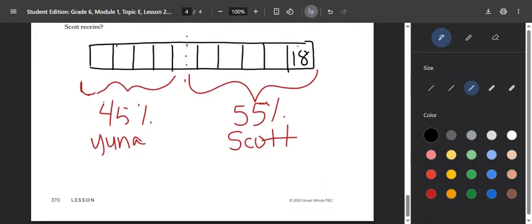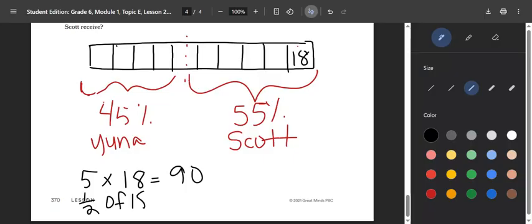So then the math goes like this. 5 units for Scott, right, because we're trying to figure out how many votes Scott received. So 5 times 18 is 90. Don't forget the half unit. Half of 18 is 9.